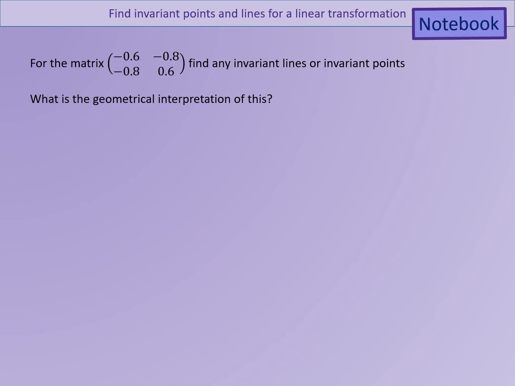So in this question here, we're just going to look at the geometrical interpretation of the line of invariant points and the invariant lines. You can work through the same process that we did on the previous two examples to find those. I'm just going to give those here. So y equals minus 2x was a line of invariant points of this matrix.